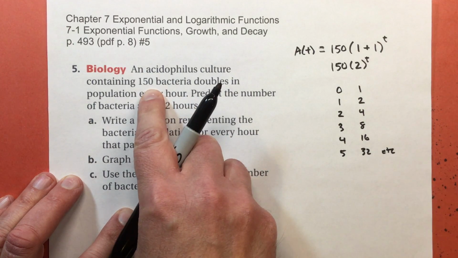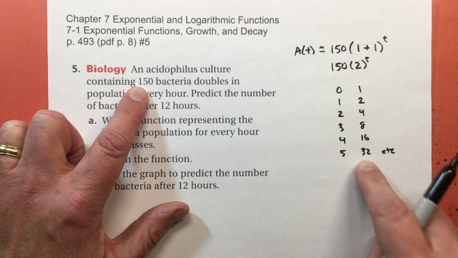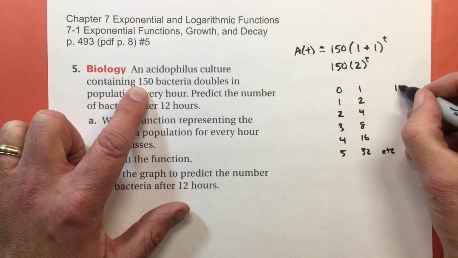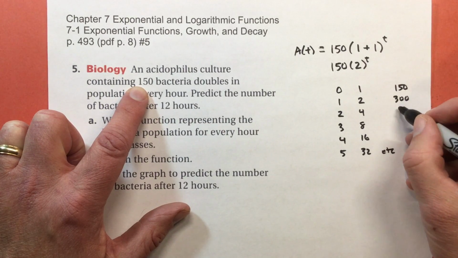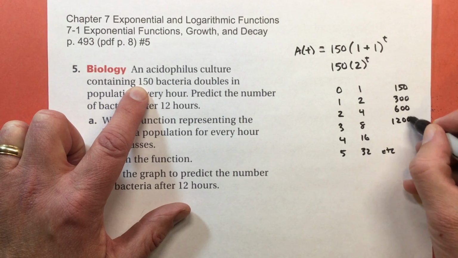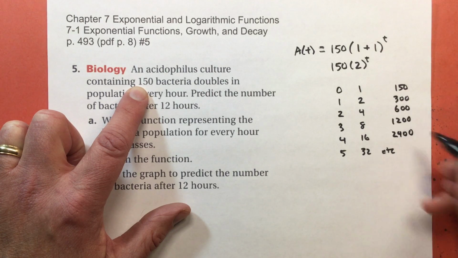I started with 150. So I have to take all of these and multiply them by 150. So that would be 150, 300, 600, 1200, 2400.